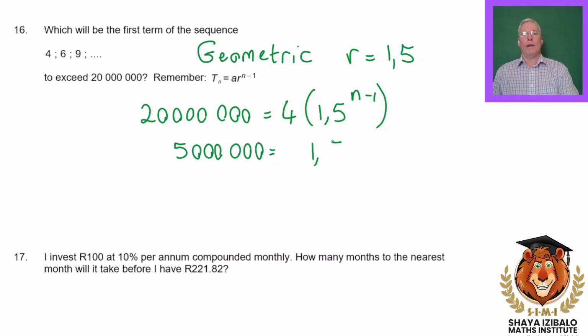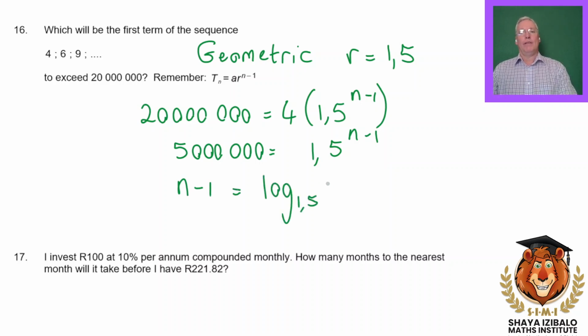And now we've got 1.5 to the n minus 1. Now, our variable is in the exponent. So what we're going to do is write this in log form. So n minus 1 is actually the power that we need to put onto 1.5 to get 5 million.